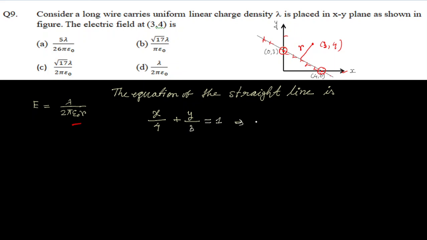From there we get 3x plus 4y minus 12 equals 0. So this is the equation of the straight line.